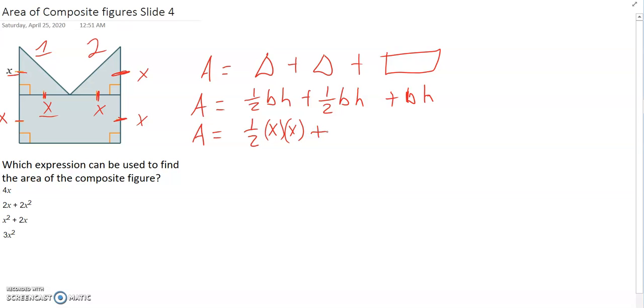The other triangle has the same two pieces, x and x. And the rectangle, this side here is x plus x, so 2x. So the base is 2x, and the height is x.